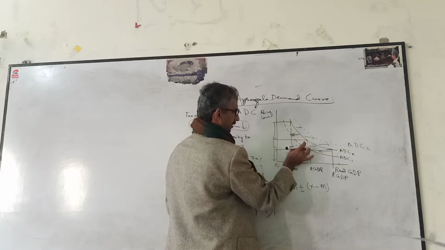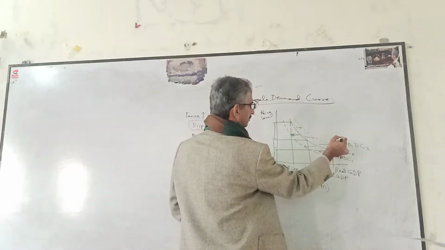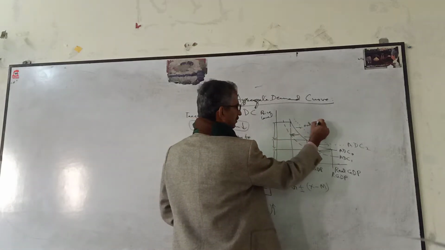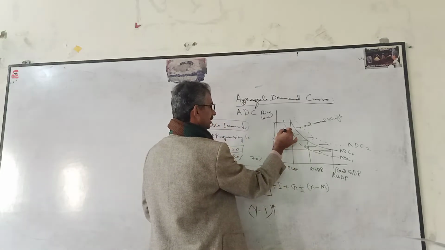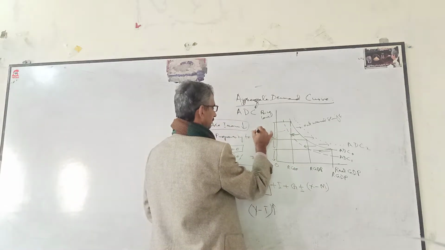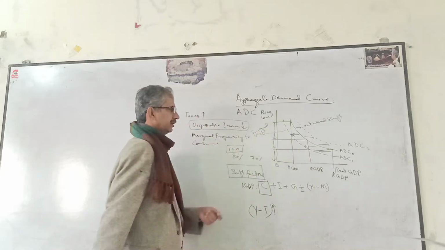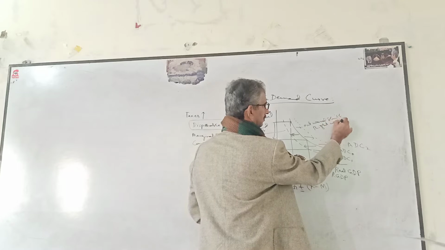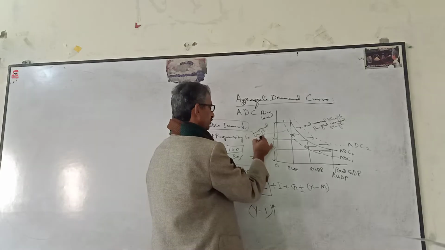We can say that this one is the outward shift, and this one is the inward shift. Or this one is the rightward shift and this one is the leftward shift.